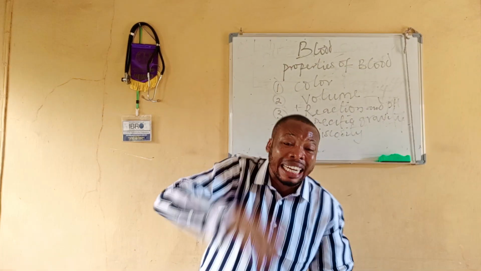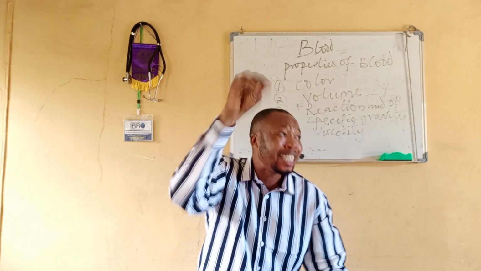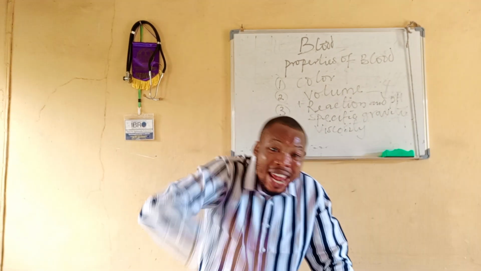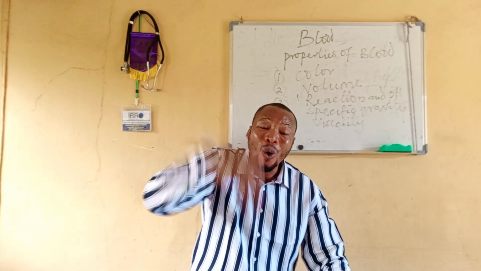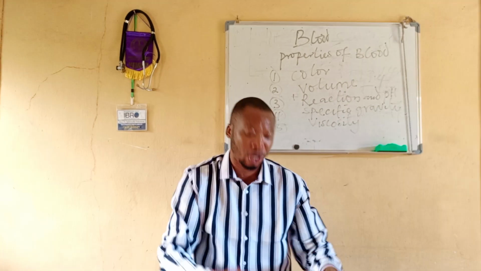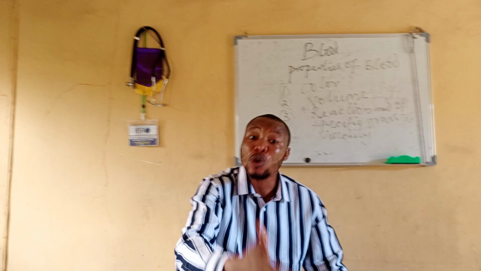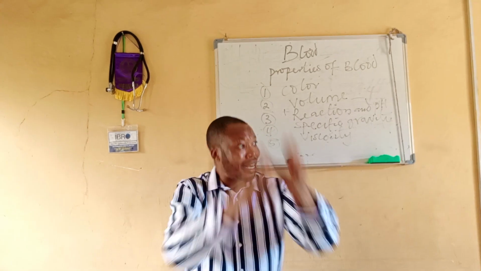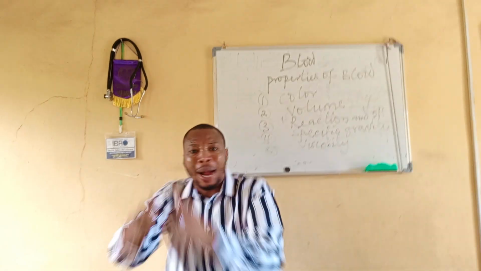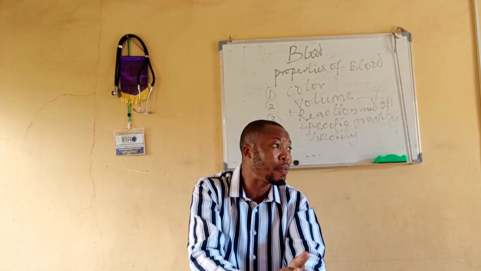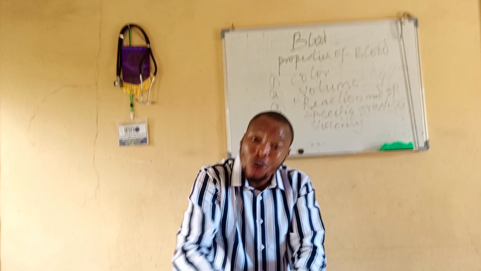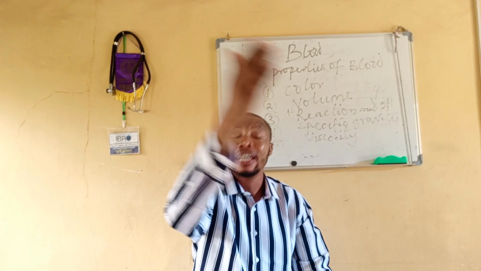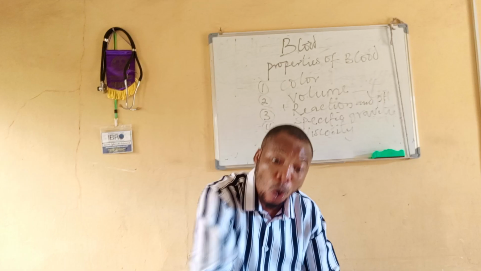It is blood that carried them to the specific end organ where their effects or their role are needed. Same thing applicable to enzymes. Enzymes can be produced in a particular part of the tissue or the organ, and their effect will be in another tissue. So it is blood that will transport these either enzymes or hormones.